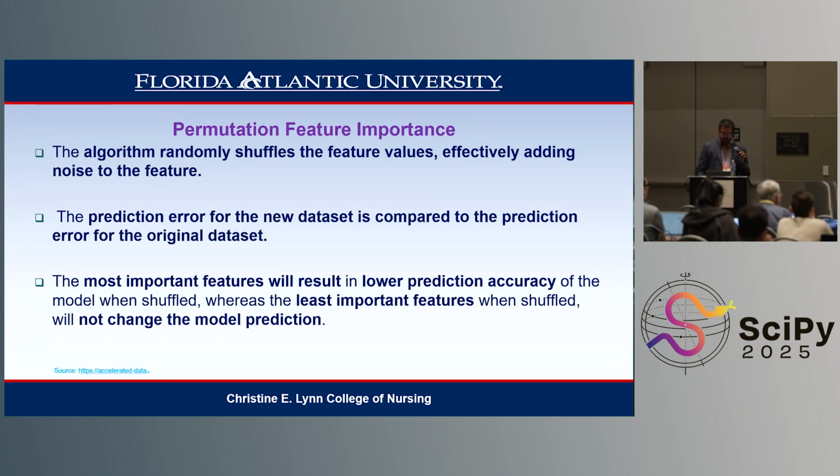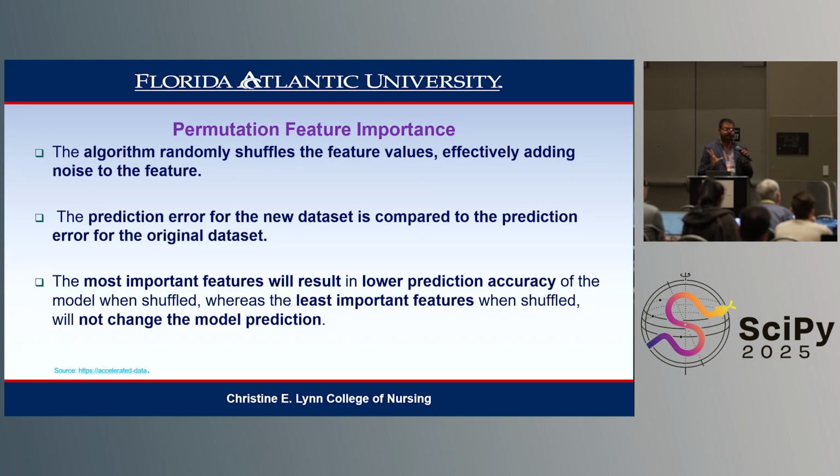We are not going to literally take out the feature, but we are going to randomly shuffle that particular independent variable column, and doing so, it induces a randomness that destroys the information that the model can rely on to predict. And now you can look at the prediction error.